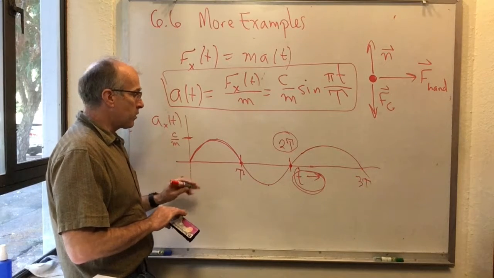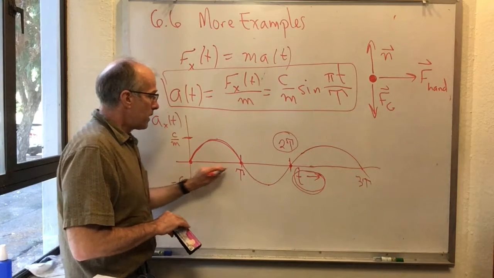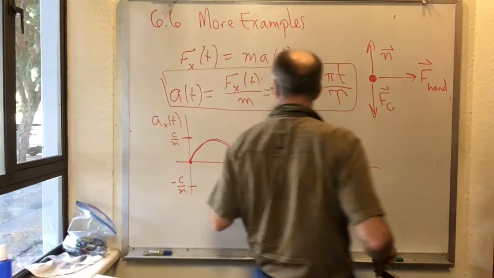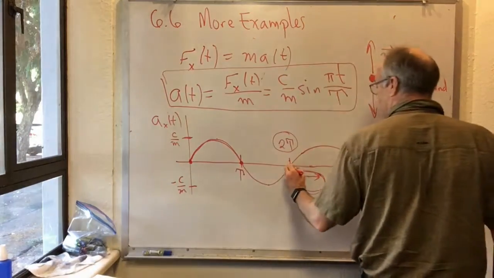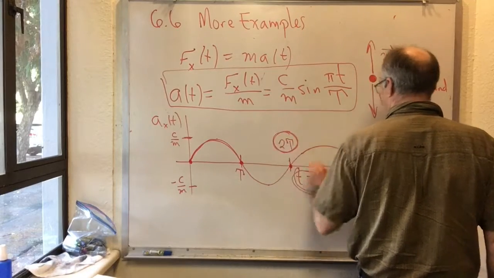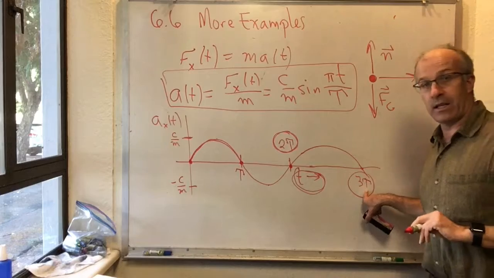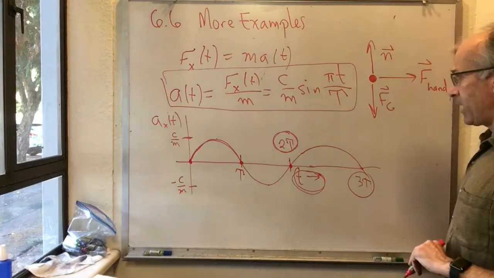So I've drawn this correctly. There's a 0 at 0, then the first one away from 0 is at capital T, the second is at 2 capital T, the third is at 3 capital T, and it just continues on like that.